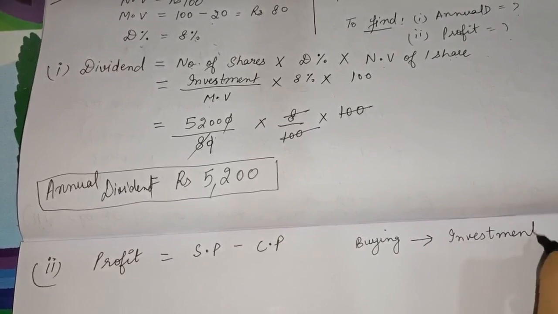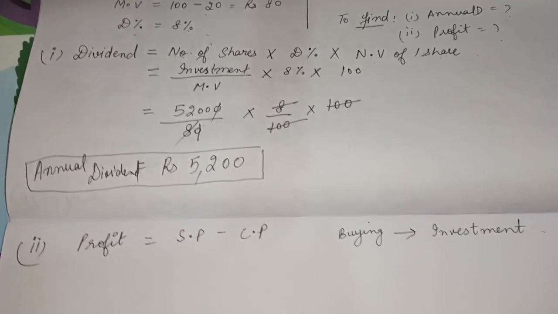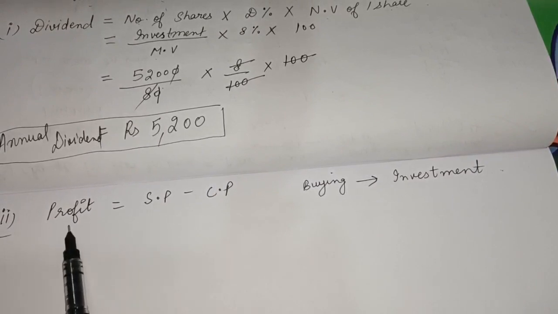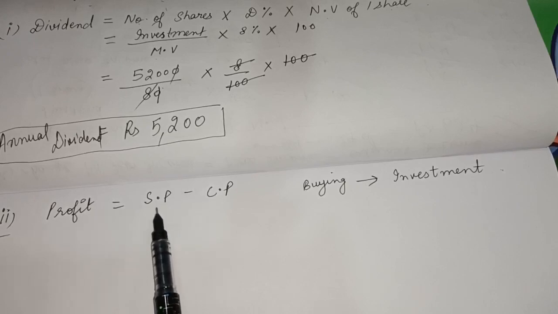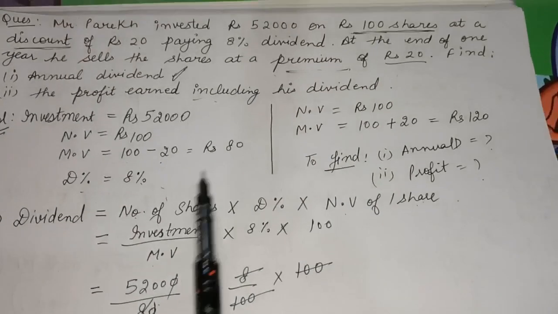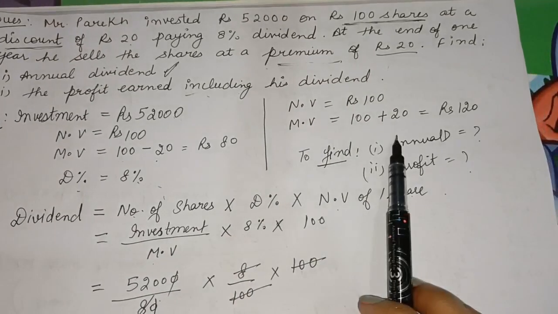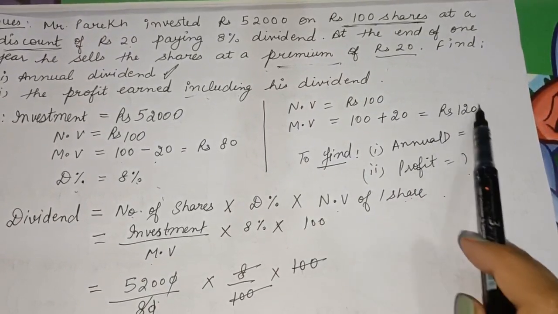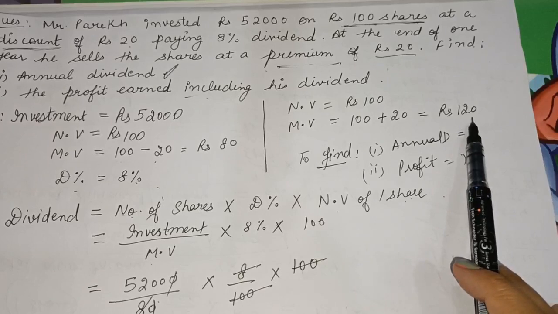You have to relate this a little bit with the concept which we did earlier. Because in this question they are asking us to find profit, this concept we will use. Profit is equal to SP minus CP. Selling is being done here, when the market price of one share is 120.